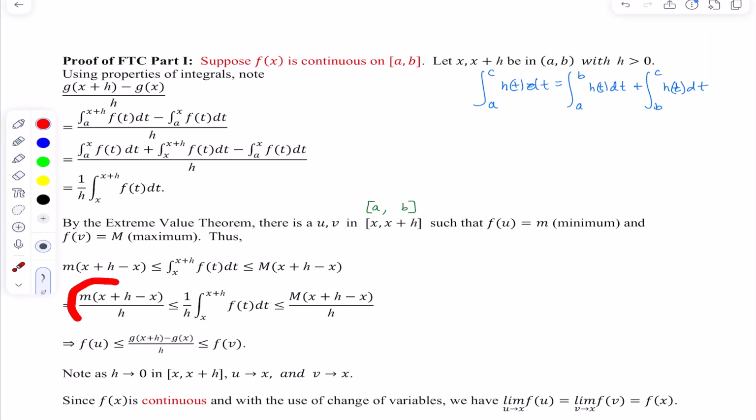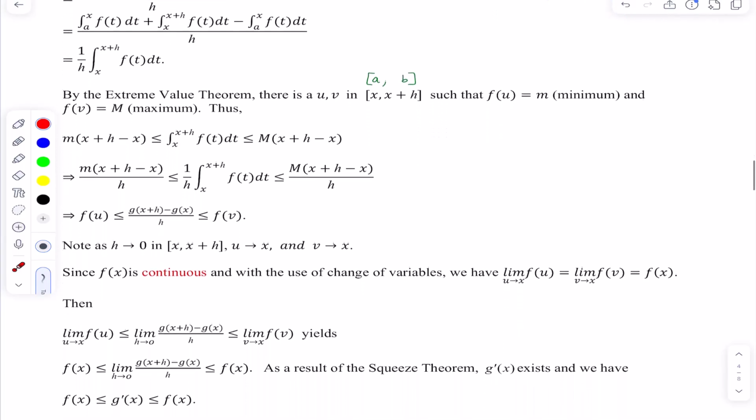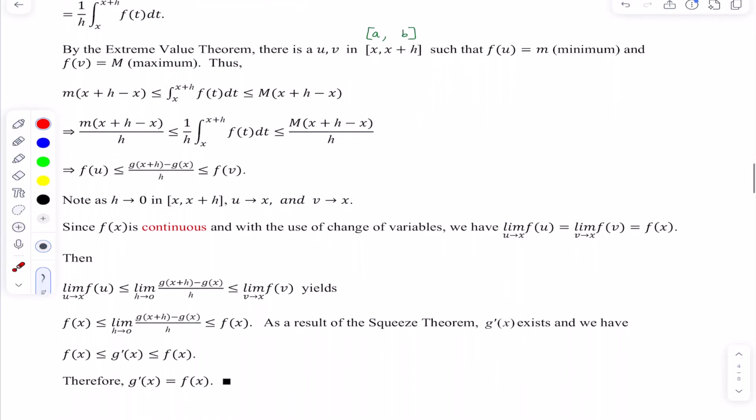Notice this simplifies very nicely. We have h over h, which is 1. Over here we have h over h, which is 1. And now the difference quotient is in between f of u and f of v. Now we're going to perform a change of variables here.